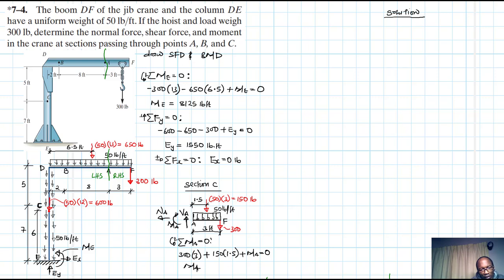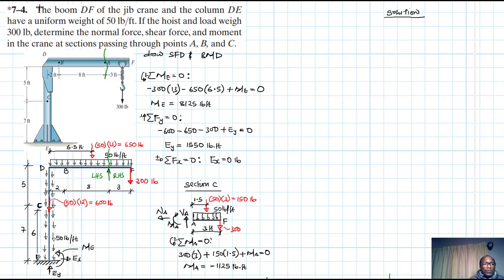And therefore our MA will give us 300 by 3 plus 150 by 1.5. So this gives us a minus 1125 pounds feet.